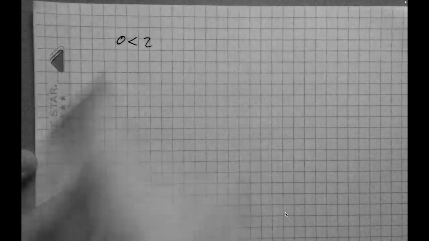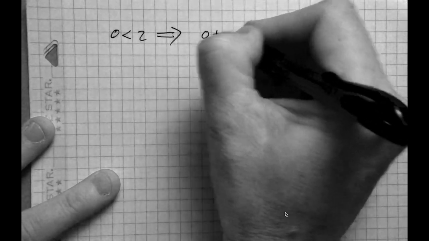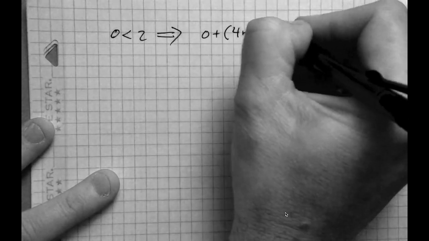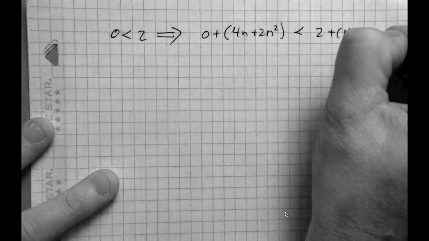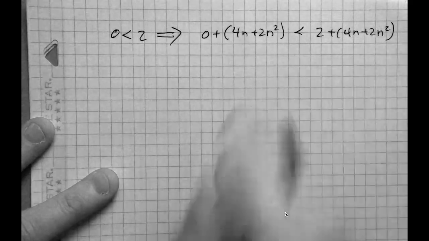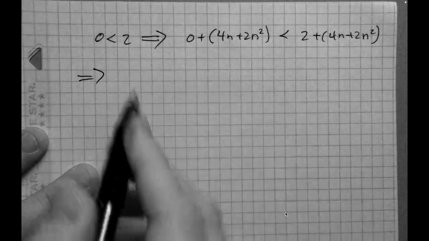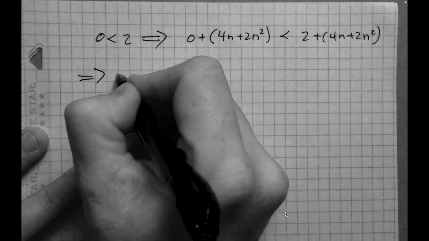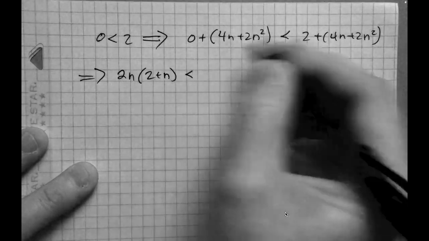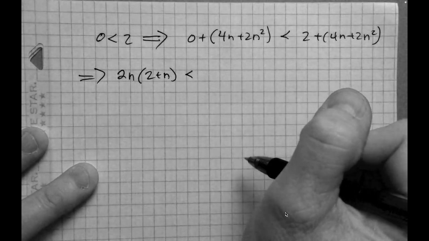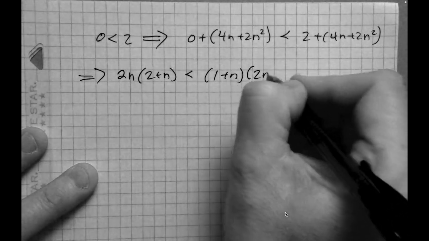If 0 is less than 2, then it's certainly true that 0 plus 4n plus 2n squared is less than 2 plus 4n plus 2n squared, and that's true for all n. We can do some factoring here. I've got 2n times 2 plus n, which is still less than 1 plus n times 2n plus 2.